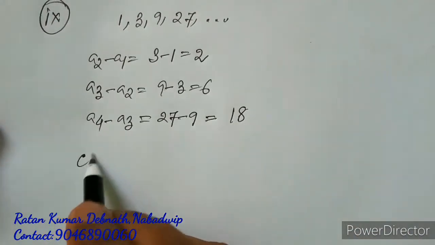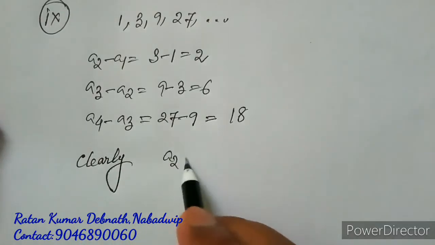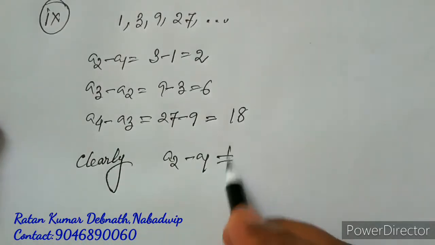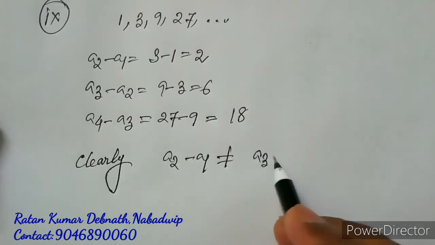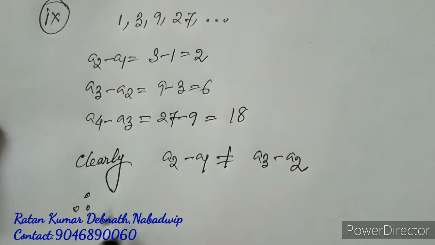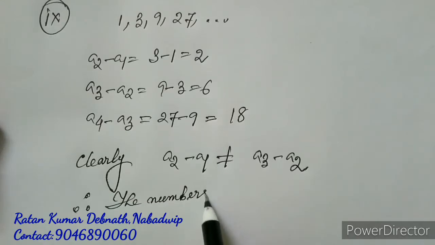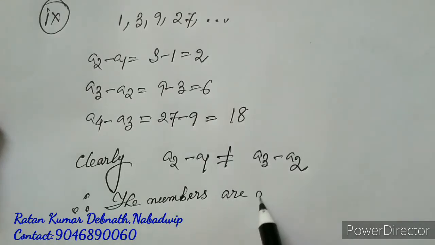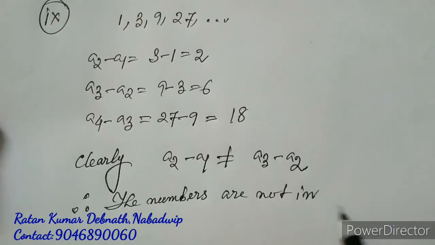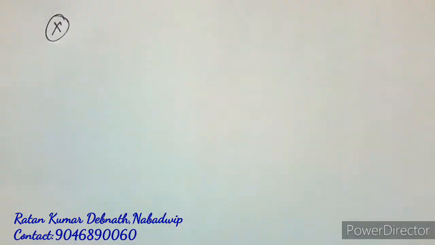Clearly, a2 minus a1 not equal to a3 minus a2. Therefore, the numbers are not in AP.